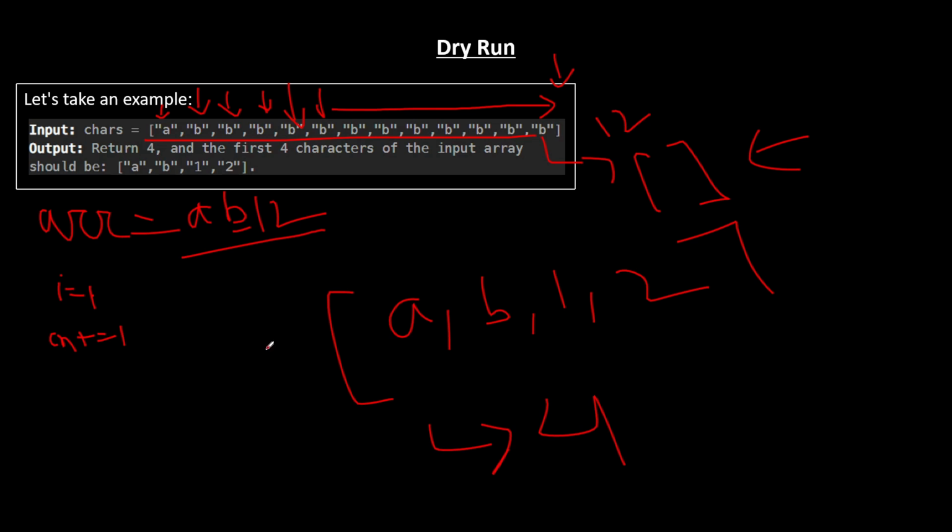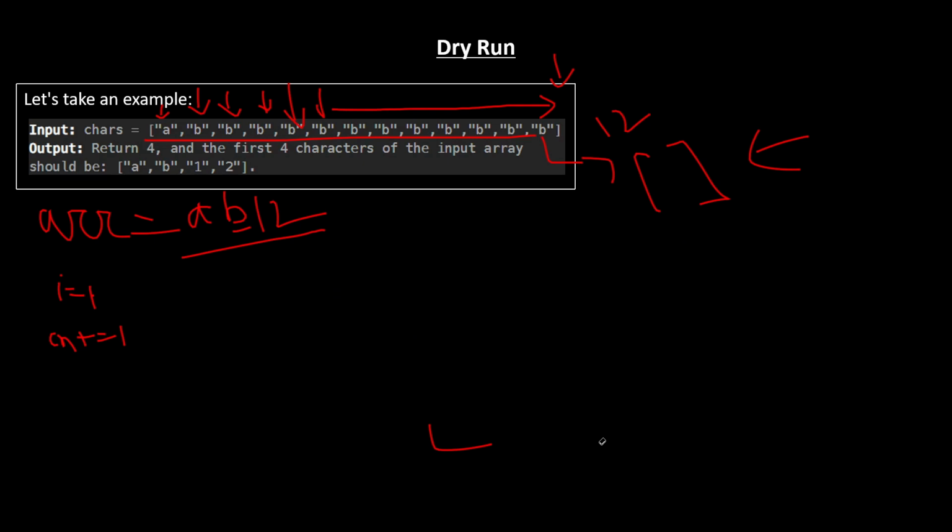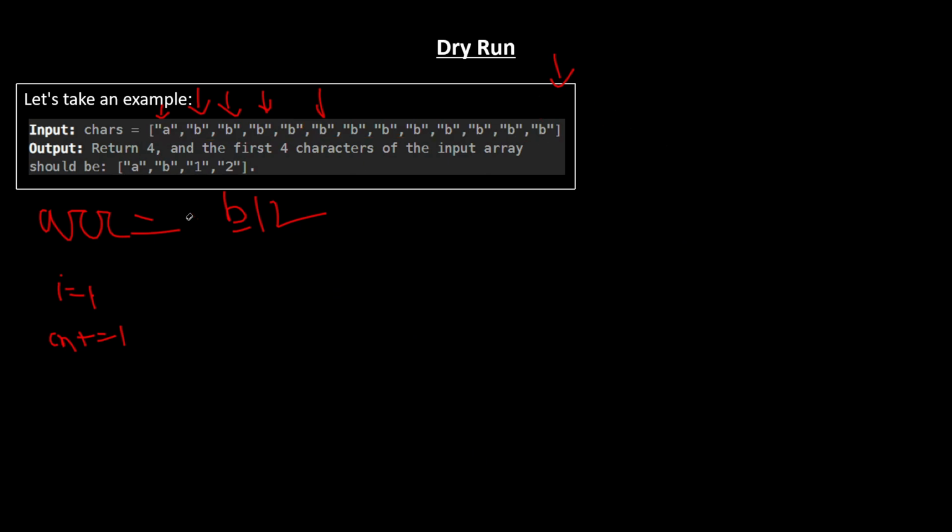So if we take another example, for example, if we take just A and B given, right? So first we will store A. We will check from here if the previous index is same or not. In this case, no, right?